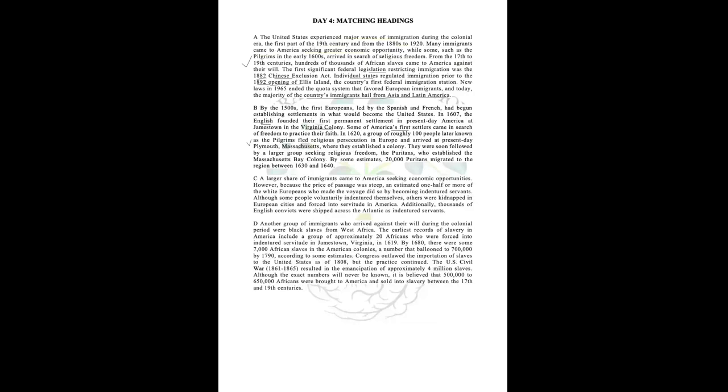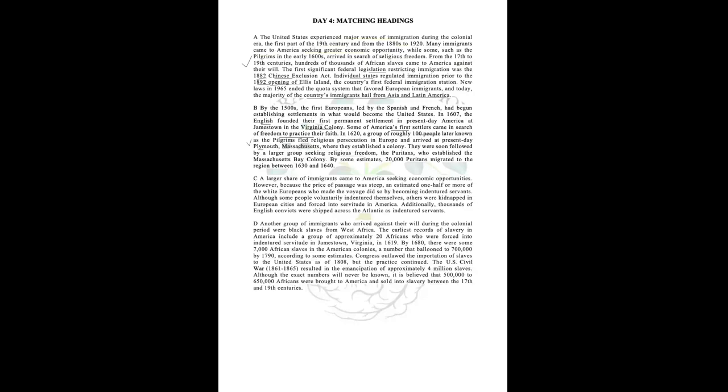In 1620, a group of roughly 100 people, later known as the Pilgrims, fled religious persecution in Europe and arrived at present day Plymouth, Massachusetts, where they established a colony. They were soon followed by a larger group seeking religious freedom, the Puritans, who established the Bay Colony.